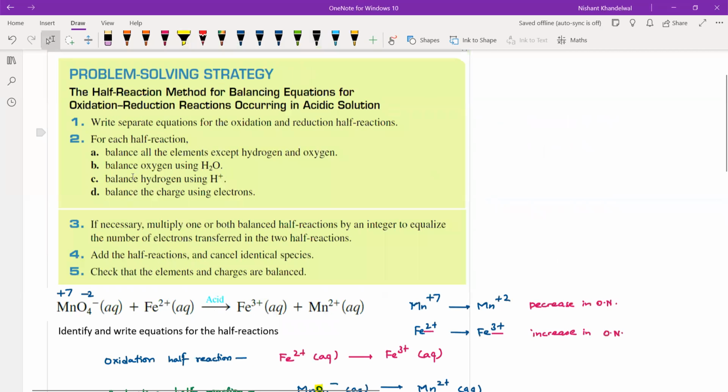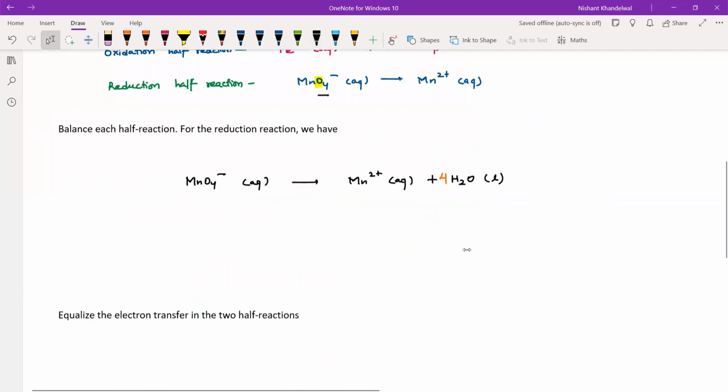Now they are asking to balance hydrogen using H plus, part C. Oxygen is now balanced, but hydrogen is another problem for us. Because the reaction takes place in acidic medium, we need to add hydrogen on the side which is deficient in hydrogen.